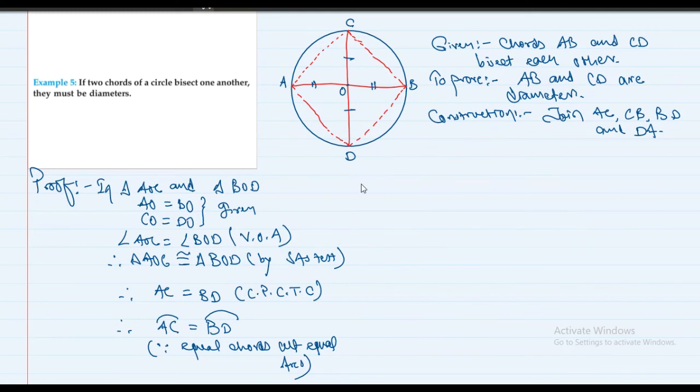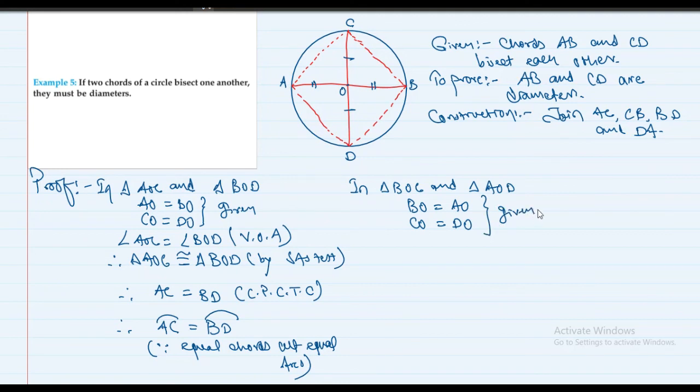But one more congruency is underway. In triangle BOC and triangle AOD, BO is equal to AO, CO is equal to DO. Why?